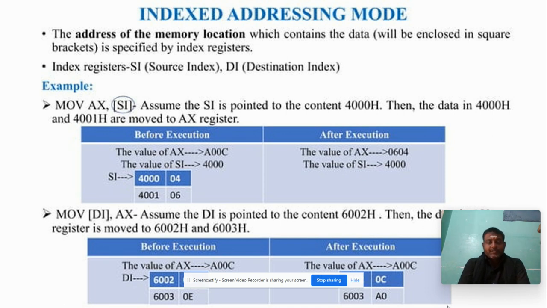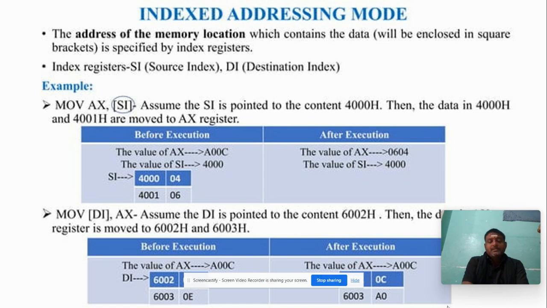After execution of this instruction, the lower-order byte of AX, that is 0C, is moved to 6002. Next, the value in the higher-order byte of AX, that is A0, is stored into 6003H.